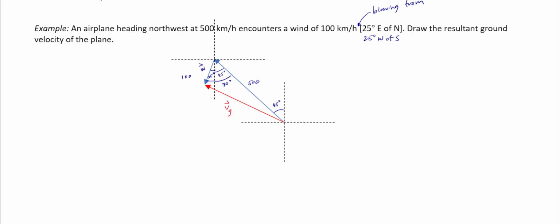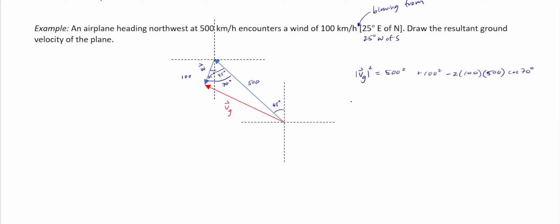Okay, so how do I find that? Well, I've got side, angle, side, which means I have to use my cosine law. So ground velocity squared is equal to 500 squared plus 100 squared minus 2 times 100 times 500, and then cos of the angle in between them.